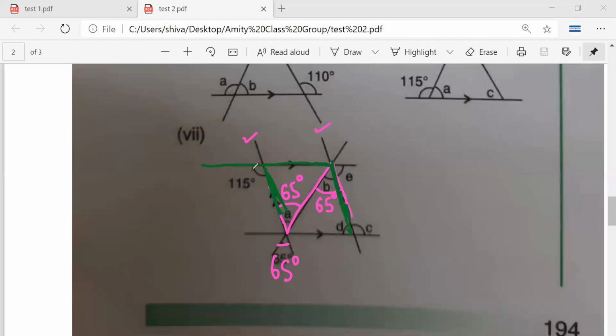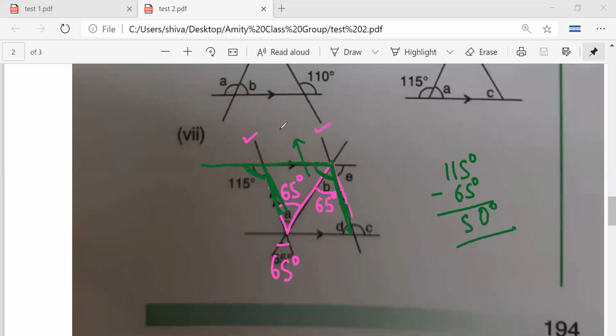Yes, sir. So if this is 115 degree, this whole should be 115 degree. Yes, sir. I already have 65 degree. Or what I can do is, chalo, theek hai, I can do like this also. So this is equal to 50 degree.